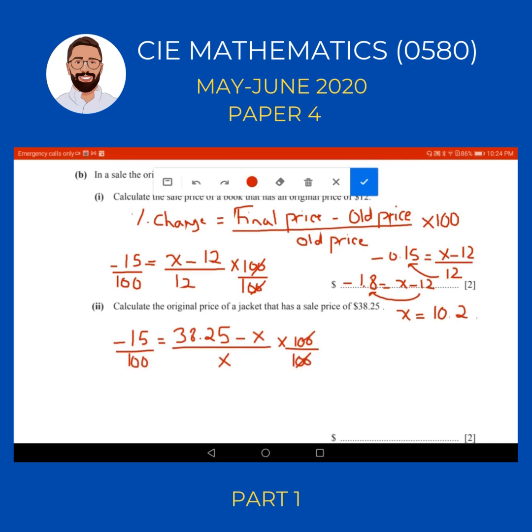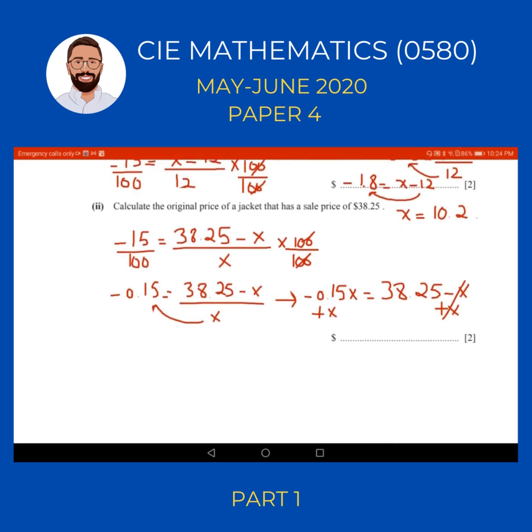So negative 15 over 100 is negative 0.15, which is equal to 38.25 minus x over x. So let's multiply. Negative 0.15 times x is negative 0.15x equals 38.25 minus x. So I'm going to add x here to cancel the x's and move x to the left hand side.